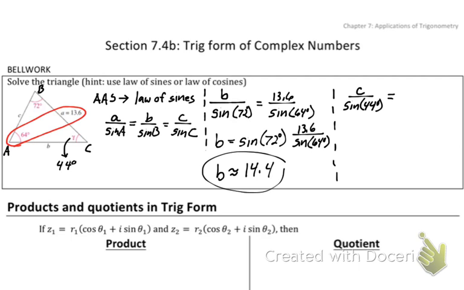If you made any mistakes here, then you're going to duplicate the mistake over here. So I always use the given information. I'm going to use that 13.6 because that side was given to me, and the angle was given to me, sine of 64 degrees. I'd multiply both sides by sine of 44 degrees, and my C would end up being about 10.5.